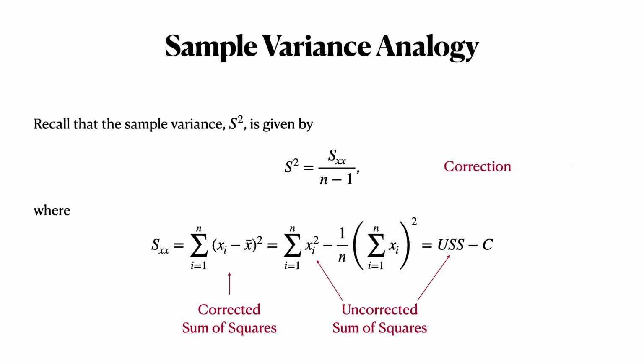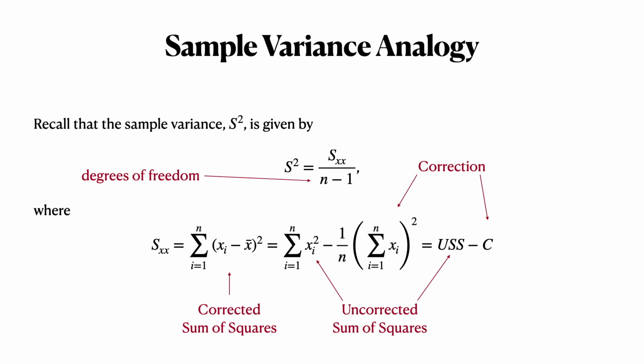And then from that, we subtract what's called a correction factor. In this formula, the correction factor is equal to 1 over n, the sample size, times the square of the sum of the observations. We can also denote that for brevity by capital C. And this is going to be the way that we represent a corrected sum of squares in subsequent calculations.